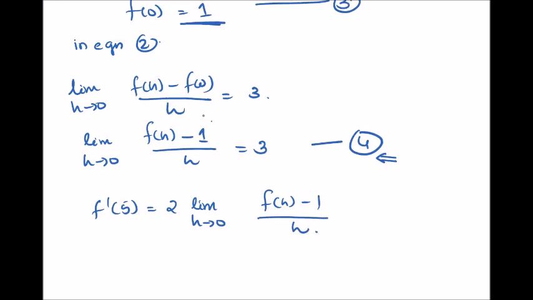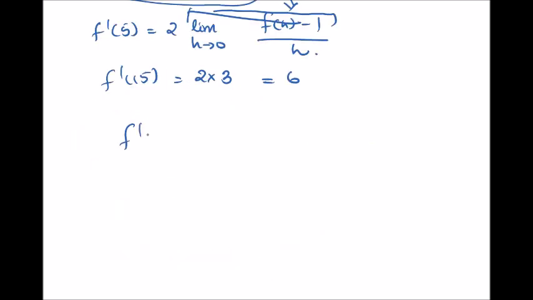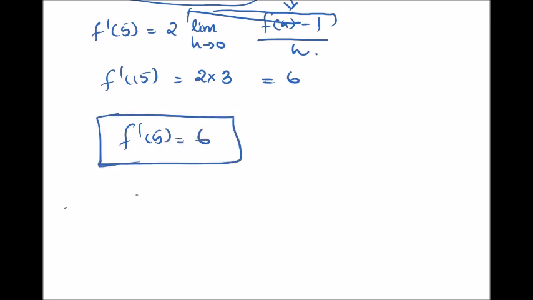Here we will get this term, f of h minus 1 divided by h is equal to 3. So put that here. Then f dash of 5 is equal to 2 into 3, that's equal to 6. That is f dash 5 is equal to 6. This is the final answer.